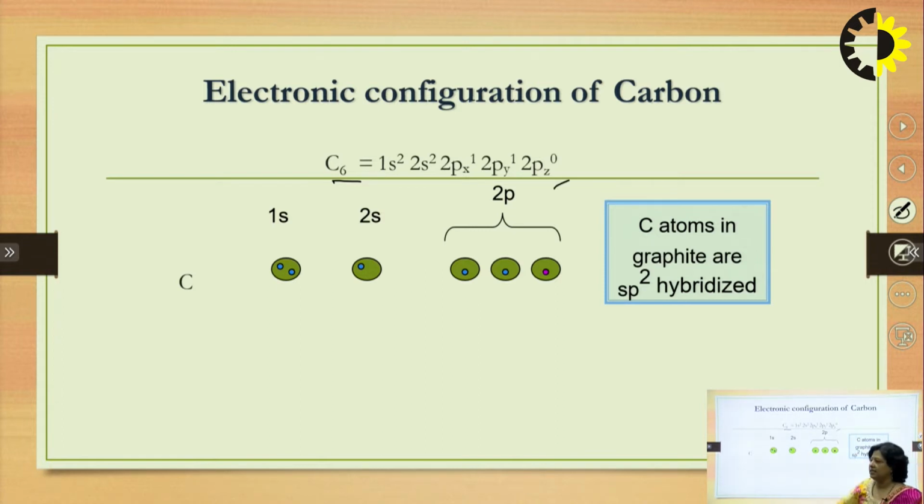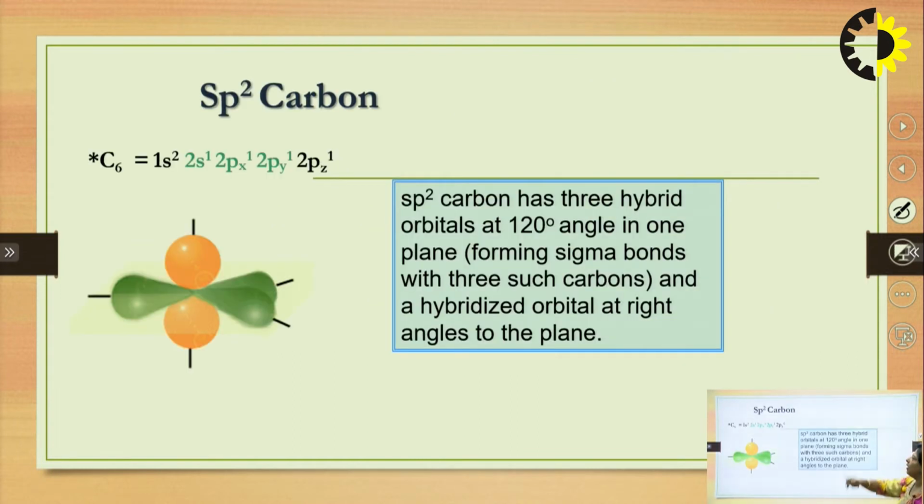So when hybridization takes place, one electron jumps over, and the s and 2p orbitals match with each other and form sp2 hybridization. Now this 4th valency remains vacant. This is an unhybridized p orbital.